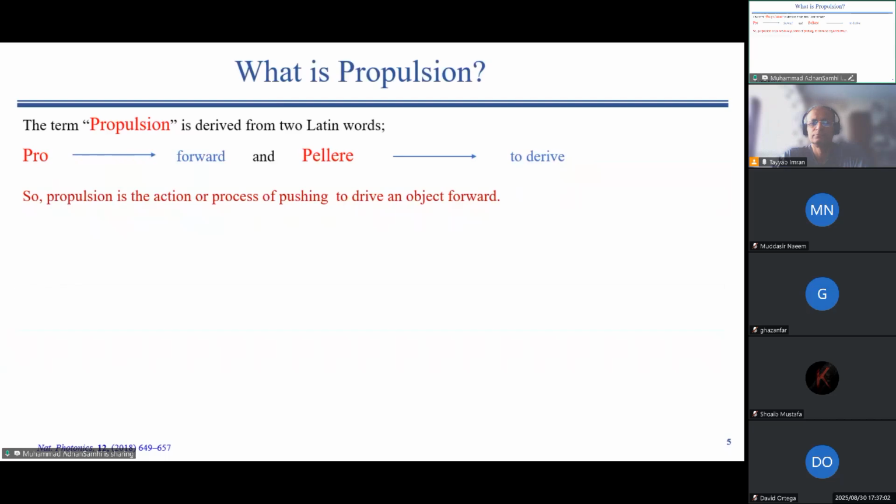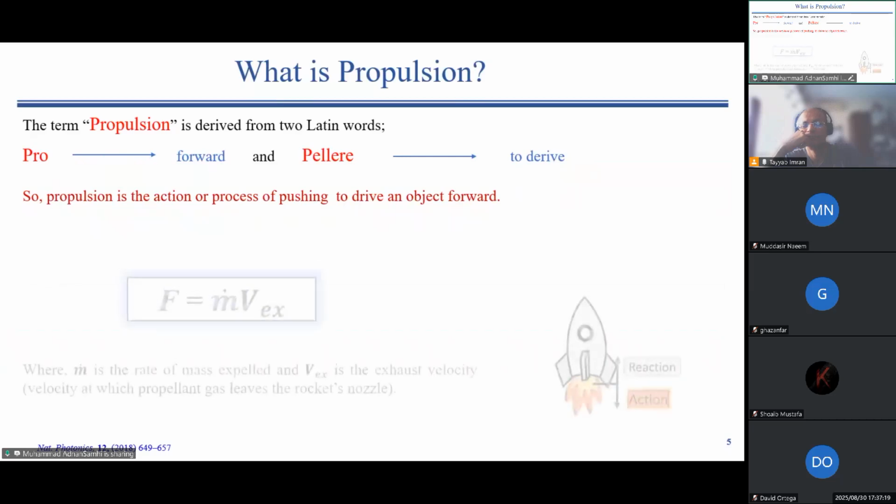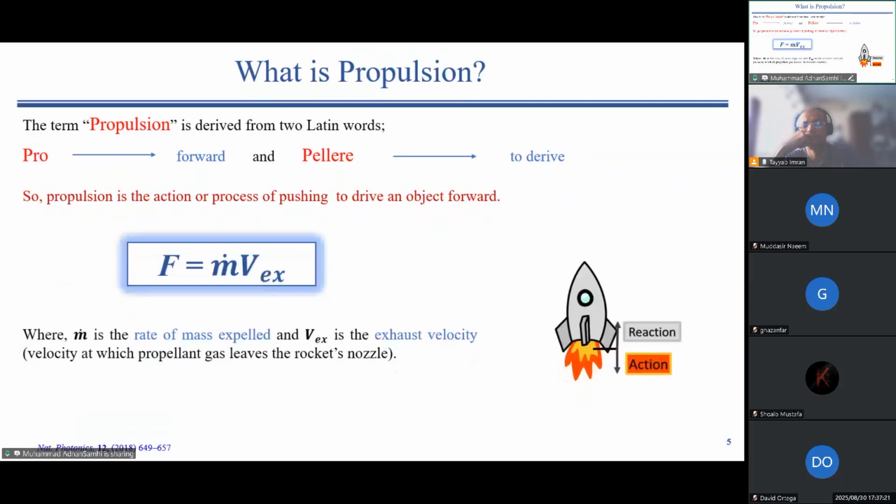So propulsion is basically derived from two Latin words, pro and peller. Pro means forward and peller means to drive. So basically propulsion is an action of pushing something or some object to drive forward. The main principle behind propulsion is Newton's third law of motion.